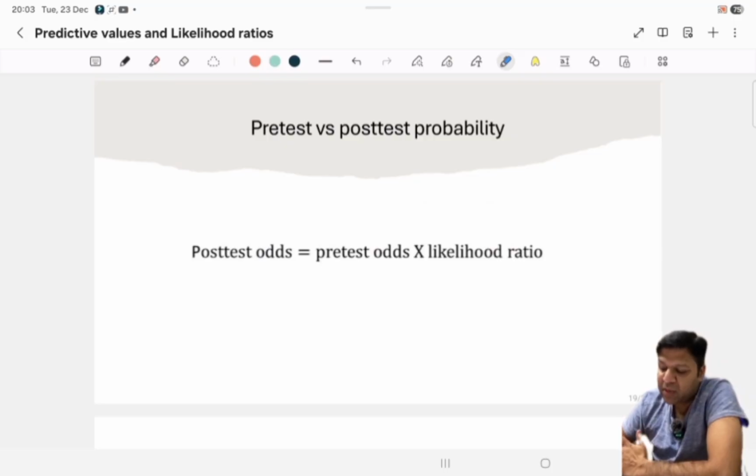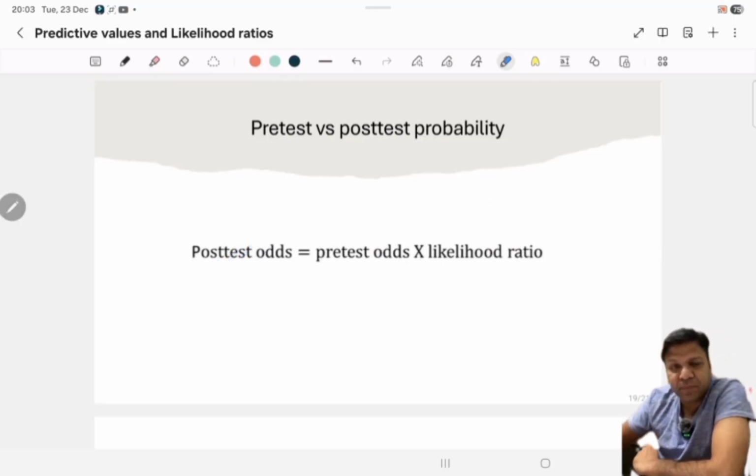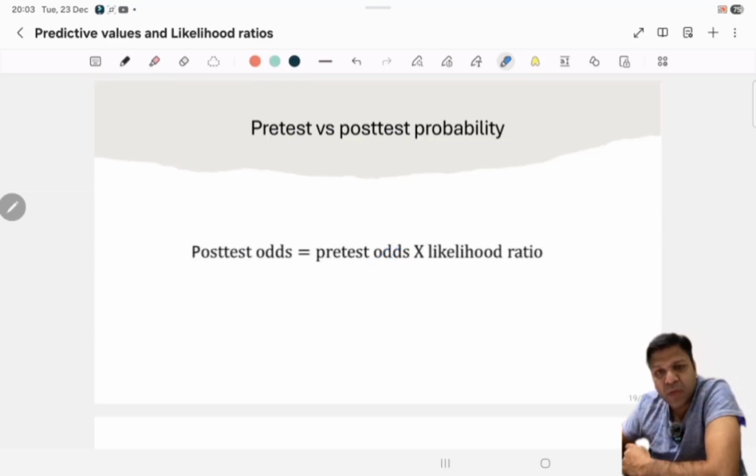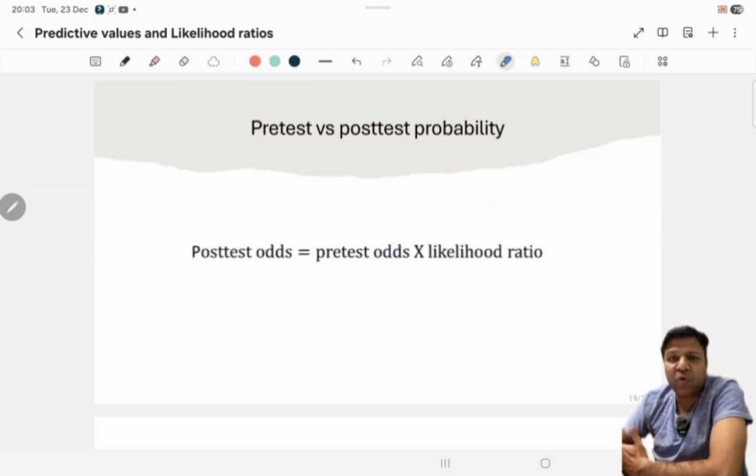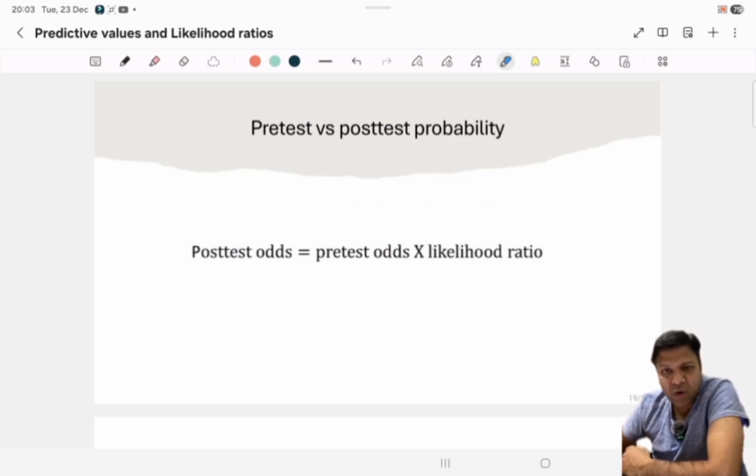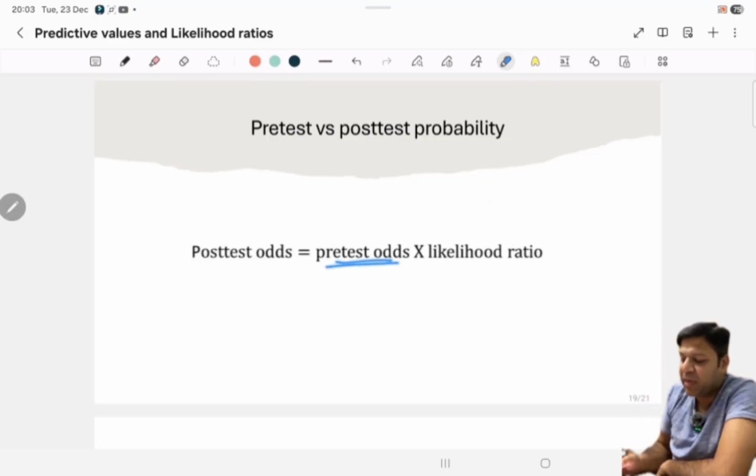Let's talk about pre-test versus post-test probability. So what are post-test odds and what are pre-test odds? Pre-test odds are before the test. What are the chances of this particular patient having the disease before we conduct a test? So that is pre-test odds.